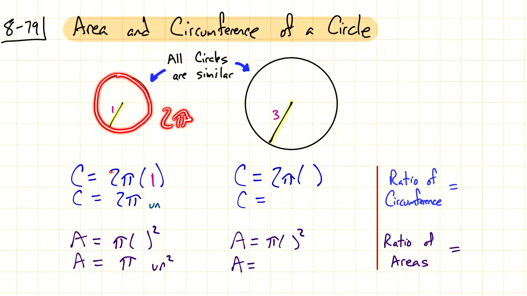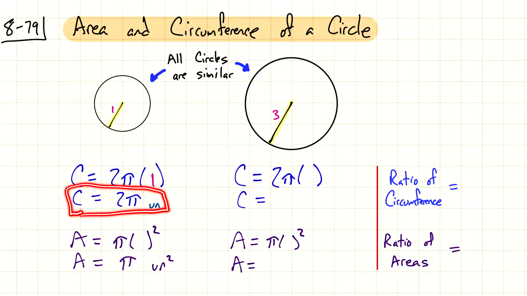That's what I have here, 2 pi, and I'm multiplying it by 1 because this is really our linear scale factor, our linear ratio. So if I multiply 2 pi by 1, it gives me 2 pi units. So this is our circumference of the circle.